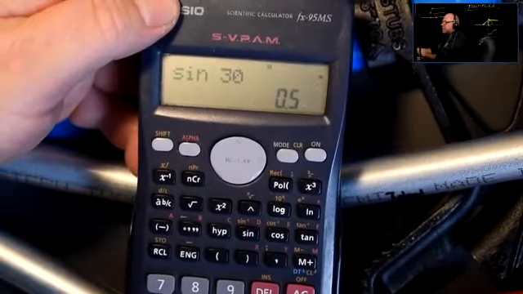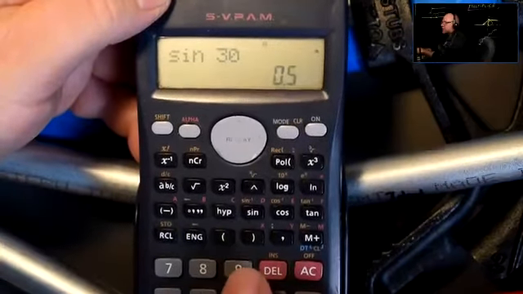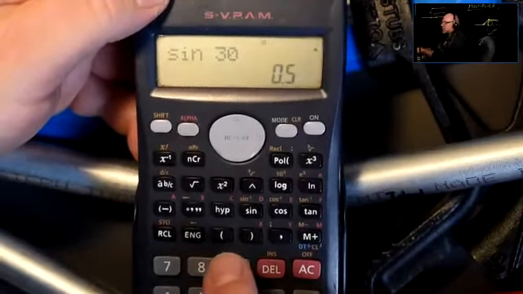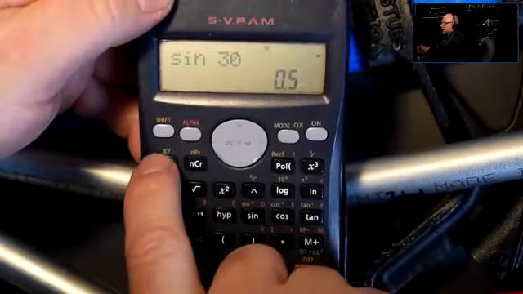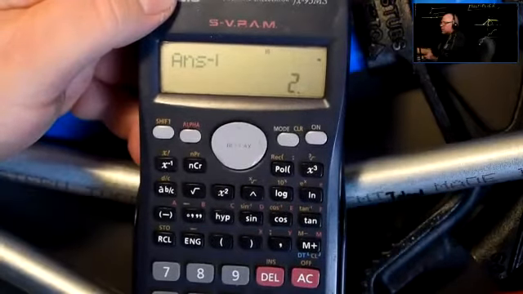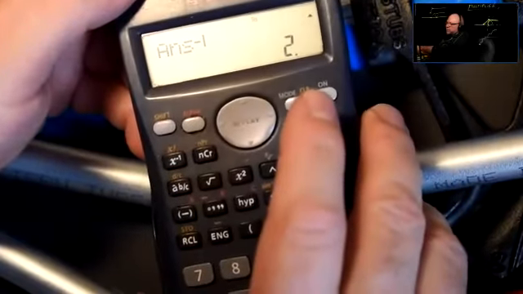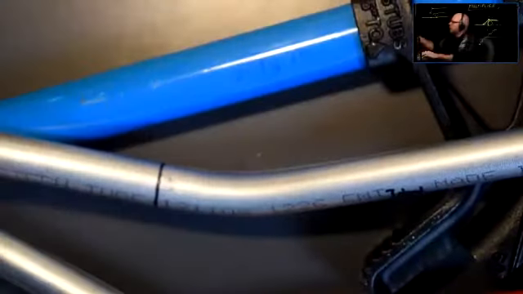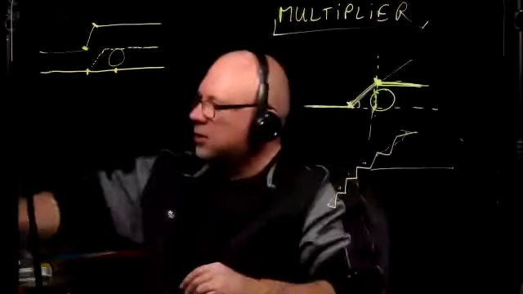Right? Then all I have to do is reverse that. X to minus 1, which is 1 over that. All right, so if you go 1 over 0.5, we're going to get 2. So for 30 degrees, our multiplier is 2.